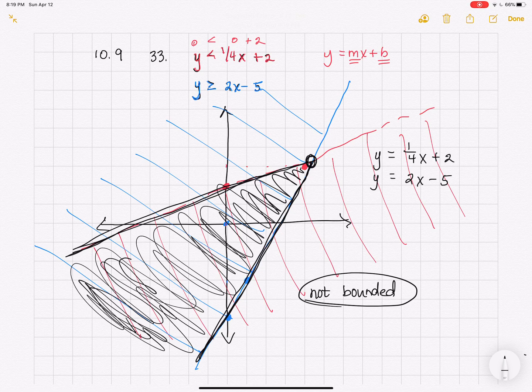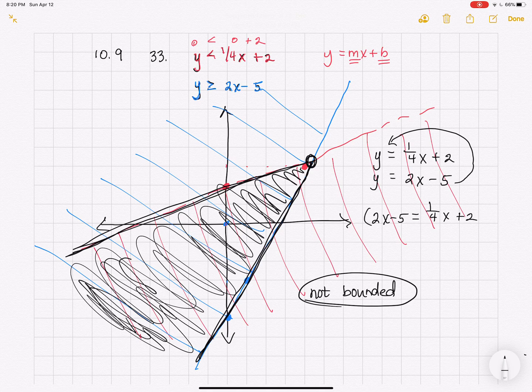So in this case, I've got y equals 1/4 x plus 2 and y equals 2x minus 5. So the easiest thing here is going to be to use substitution. So I'm going to take y equals and plug it in to this top equation. So wherever there's a y, I'm plugging in 2x minus 5. So 2x minus 5 is going to equal 1/4 x plus 2.